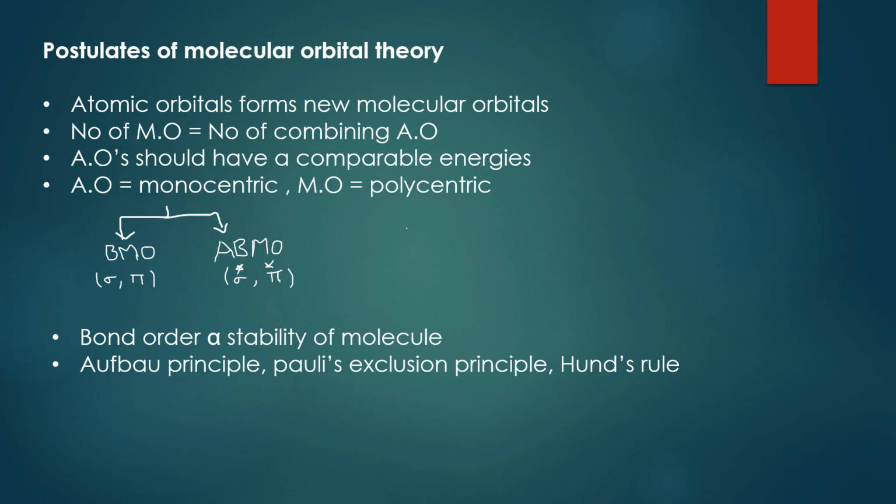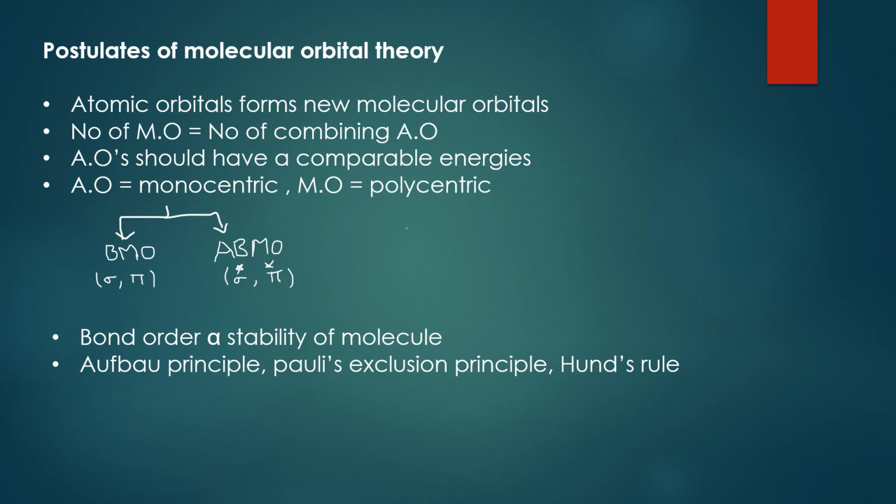Anti-bonding molecular orbitals tend to occupy the highest energy levels, meaning their energy is greater than that of the parent orbitals. So when the energy is high, the stability becomes less. Sigma star and pi star are anti-bonding molecular orbitals.